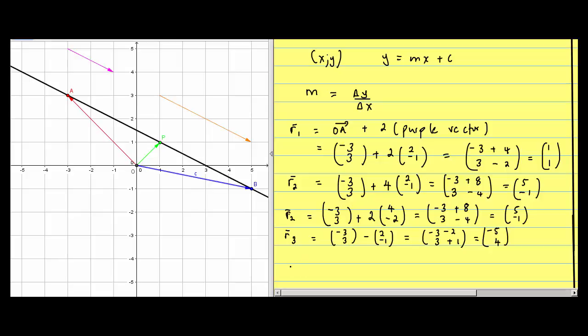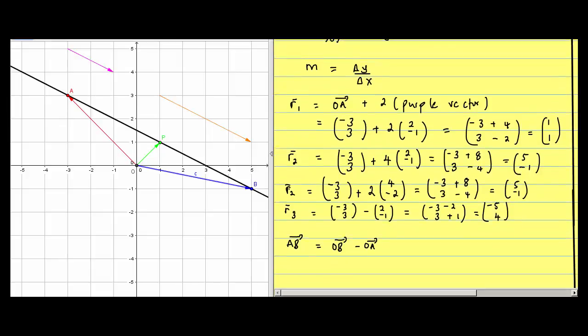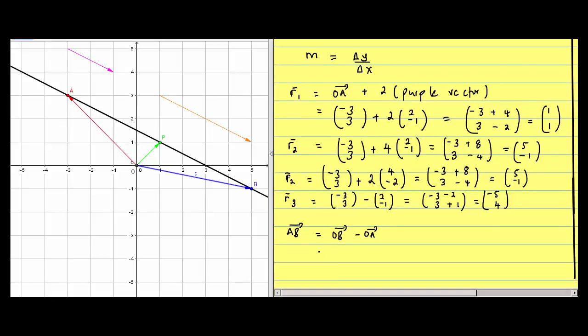So the vector AB is going to be equal to OB minus the vector OA. Now if I denote this vector OB using the lowercase b, it will be minus this vector a. Now this vector here is going to be parallel to my original black line. So then that vector is our direction vector.